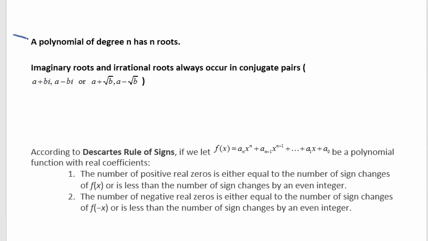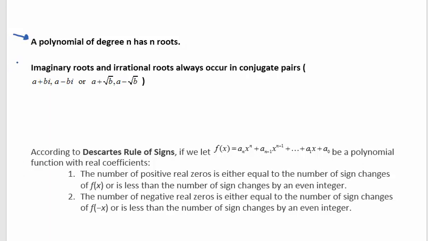The first one is that we will know how many roots we're looking for, because all we have to do is look at the highest power on our leading term, and whatever power that is, that's how many roots we have. For example, if our leading term is a fifth power polynomial, then we're going to have 5 roots. Fourth power polynomial, 4 roots, and so on.